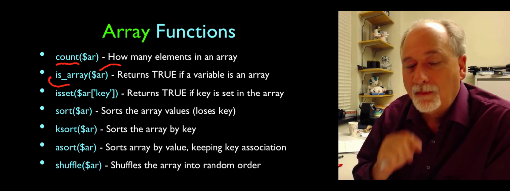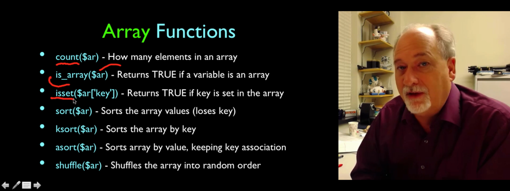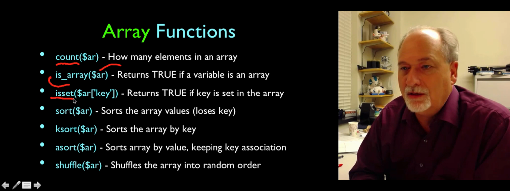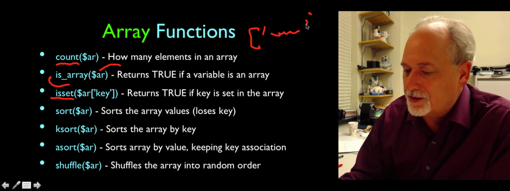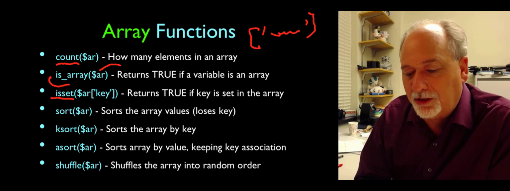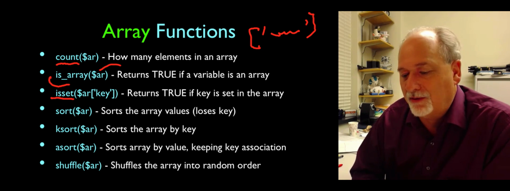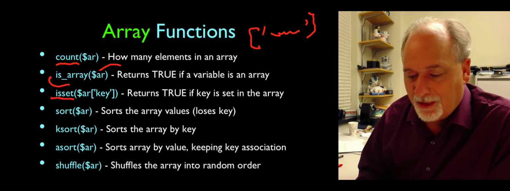Is set. This is a really valuable function, because you get in trouble if you look something up that doesn't exist. And so you have to ask if this particular key is set inside that array, and if it returns true, then you can safely extract it.